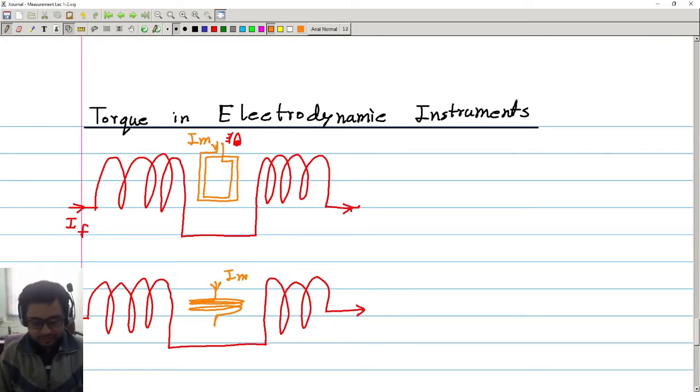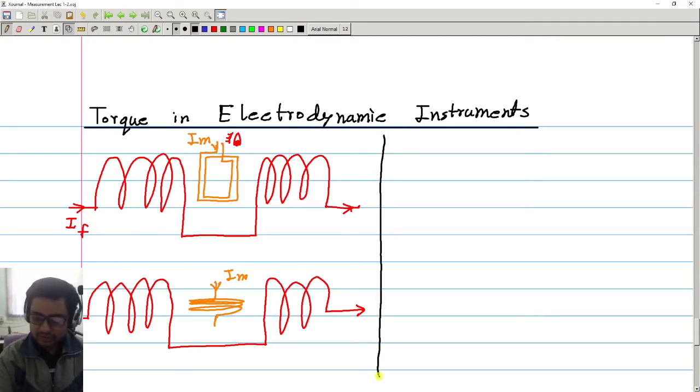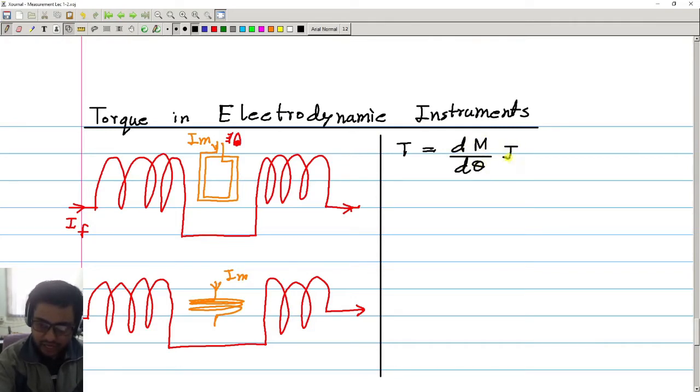Now let me first tell you the answer, then I will prove. The torque in this instrument is given by dM d theta multiplied with Im If.